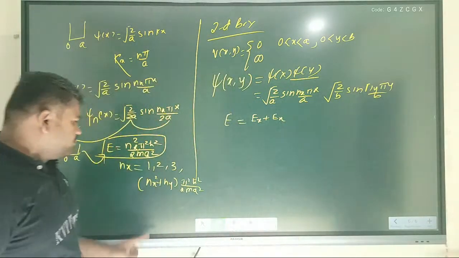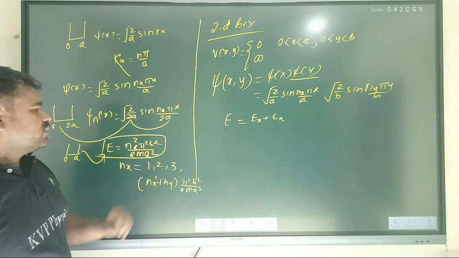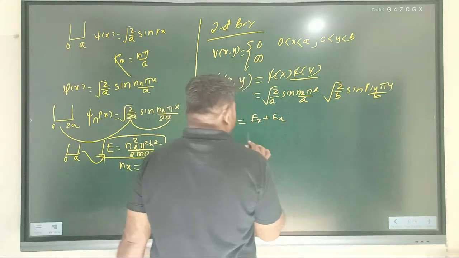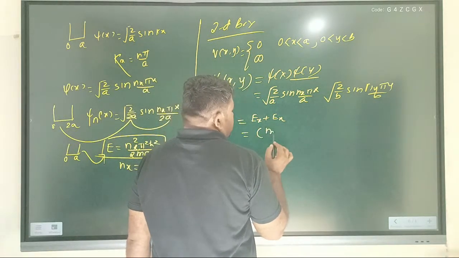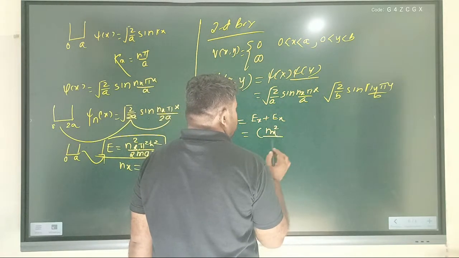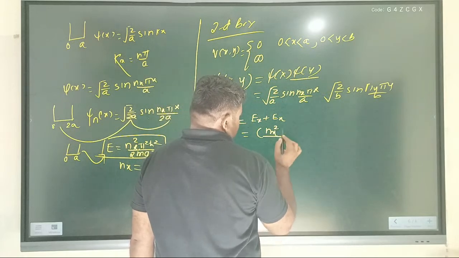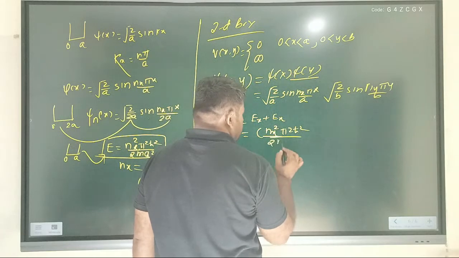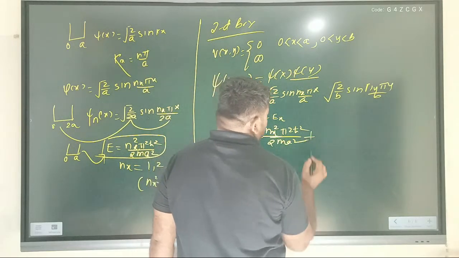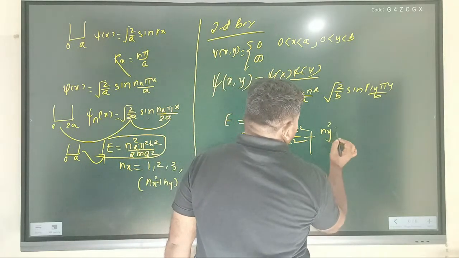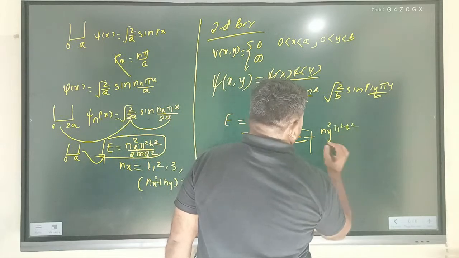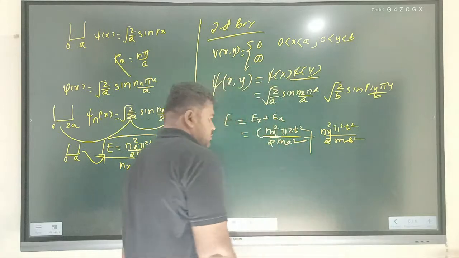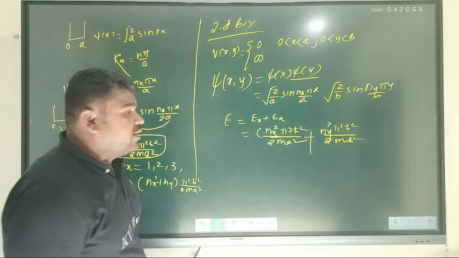Clear? Now see here, what is the energy formula? Nx square pi square h cross square upon 2 m a square. So we can write nx square pi square h cross square upon 2 m a square plus ny square pi square h cross square upon 2 m b square. Add both because energy has an additive nature.